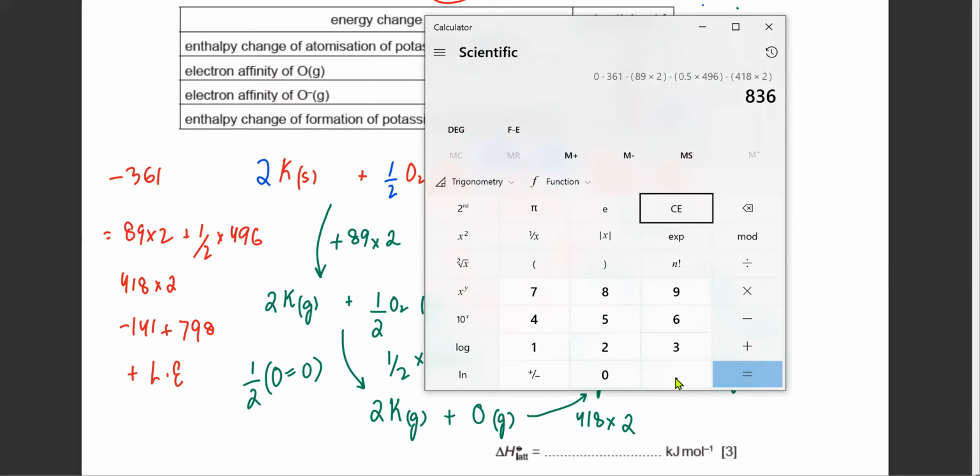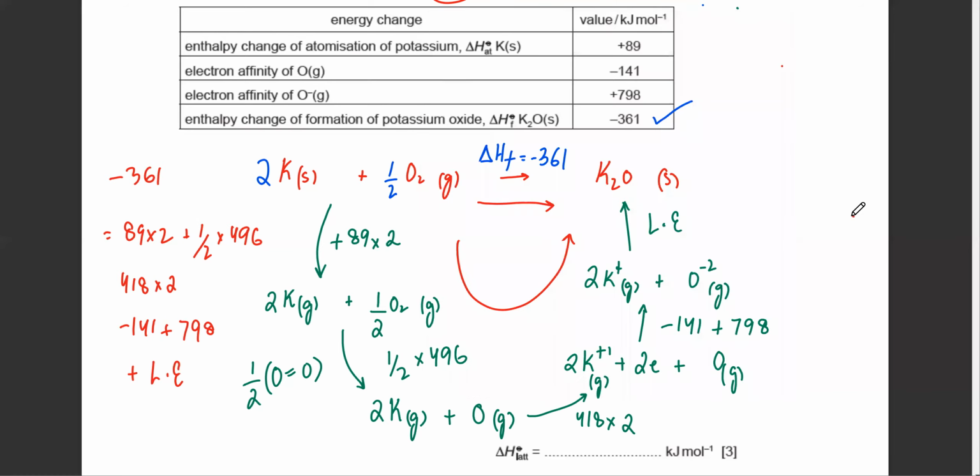Then it would be plus 141. And then it's going to be minus 798. So it's minus 2280. This is what I get. ठीक है, so it's coming out to be minus 2280. That's the value that we are going to get, that's right. Remember, lattice energy would be somewhere around minus 1000 to minus 4000, usually close to that.